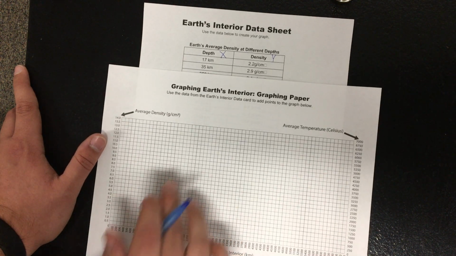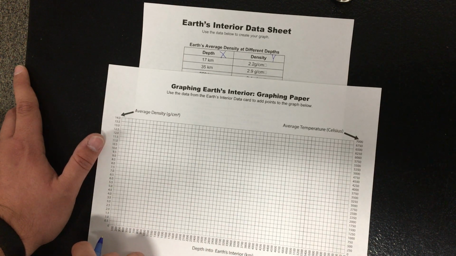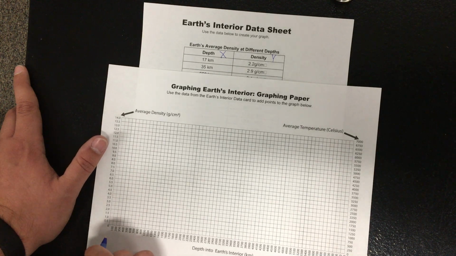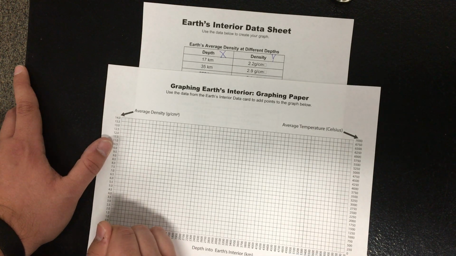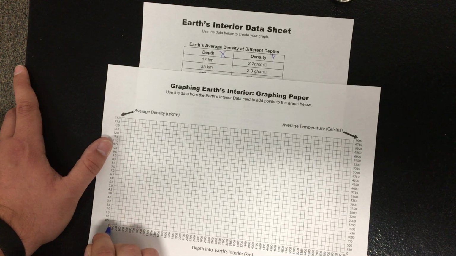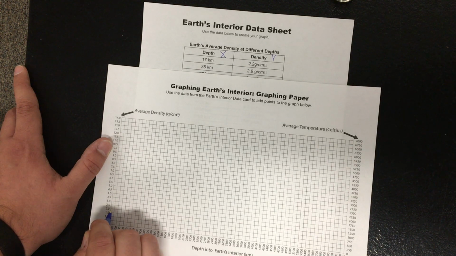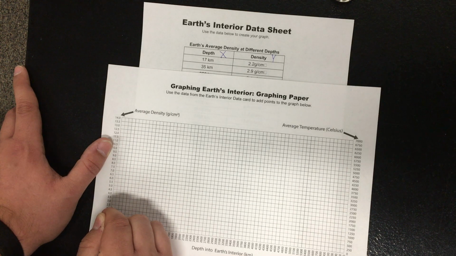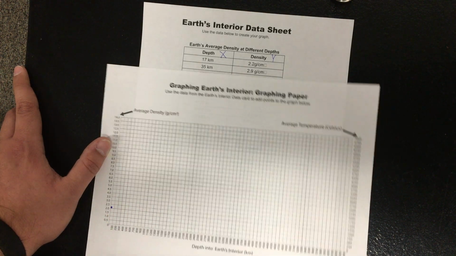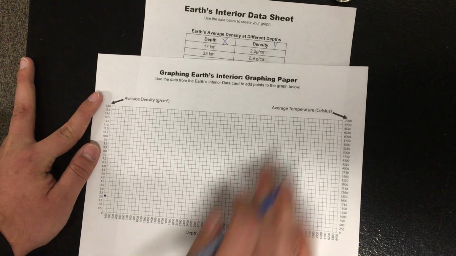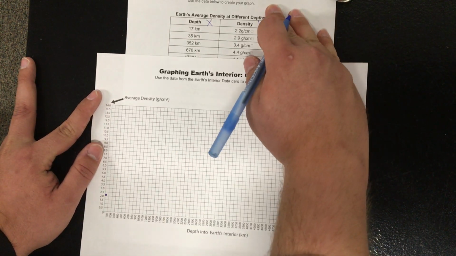And then the density will be 2.2 grams per centimeter cubed. So we go over, this will be our 17, go up to 2.2, which is right about here, and we'll put a point right there. Then our next point, we're just going to go down the list.